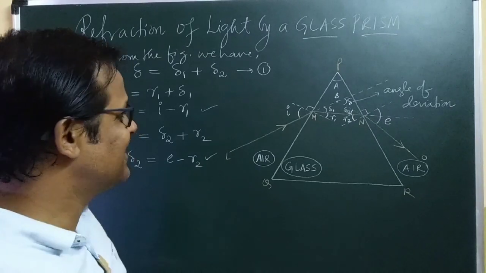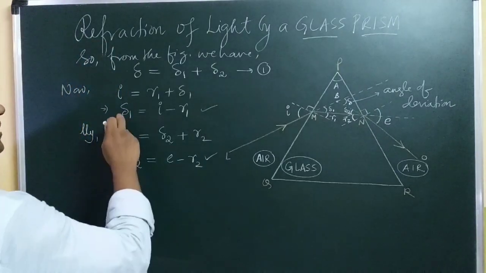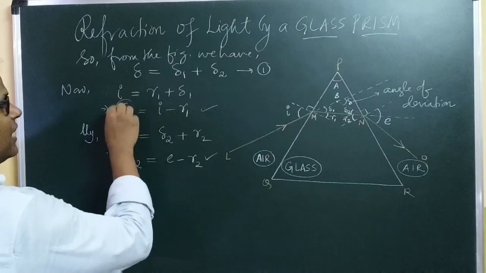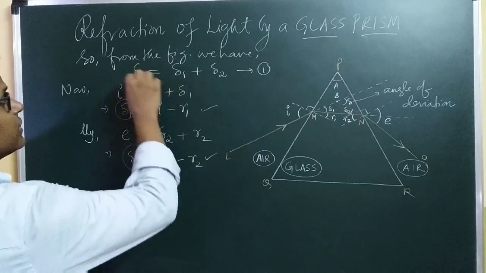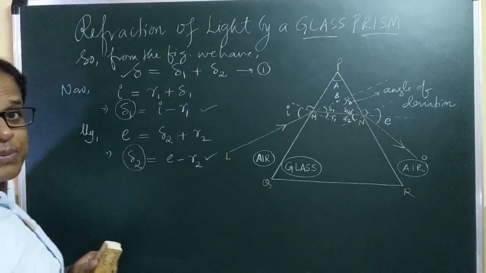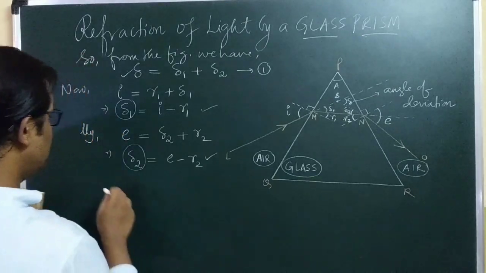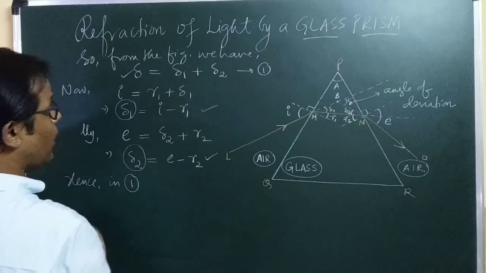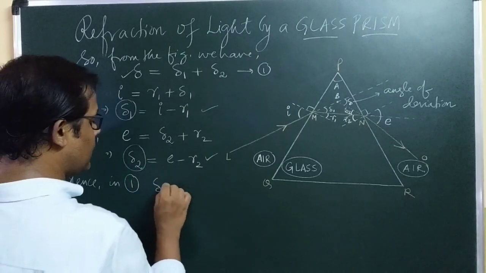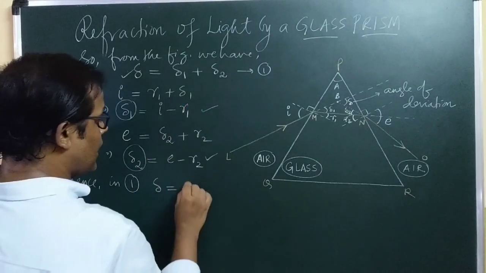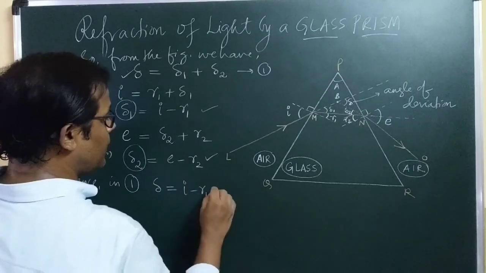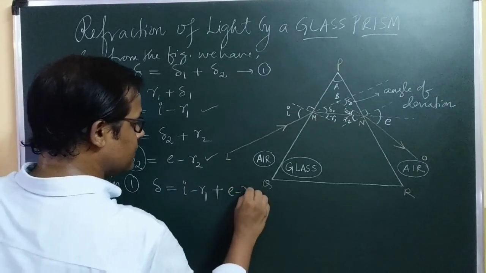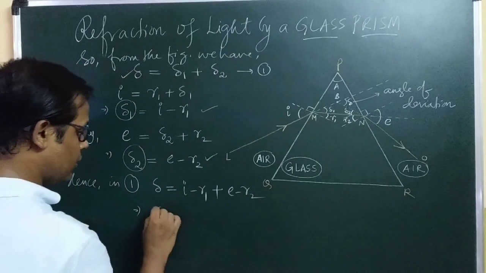That's great. So now we can substitute these values of delta 1 and delta 2 in this equation to find an expression for delta. Alright. Hence, in equation 1, we will find delta is equal to I minus R1 plus E minus R2. So here we go.